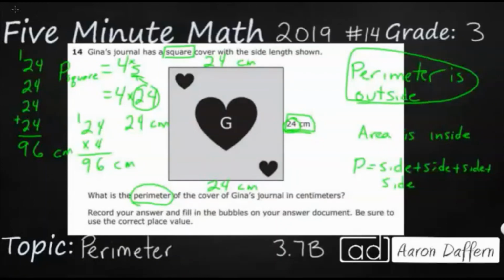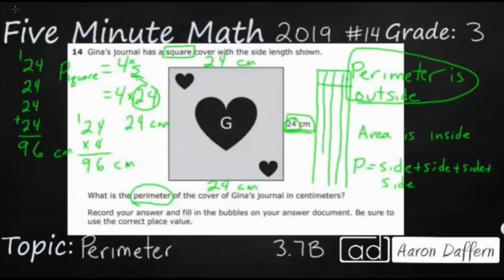Now, how are we going to fill that in? So you are going to have a bubble chart like this, and it's going to have a few columns. Now, this first column is just going to have a decimal. That's it. And then you're going to get some columns that look like this. And you've got the ones, you've got the tens, and you've got the hundreds.